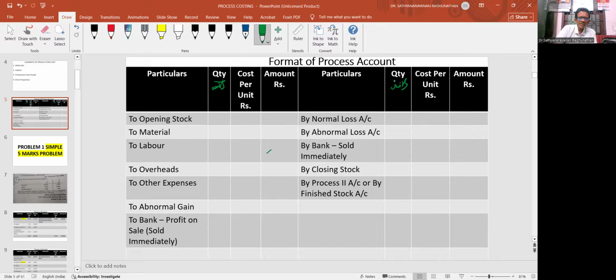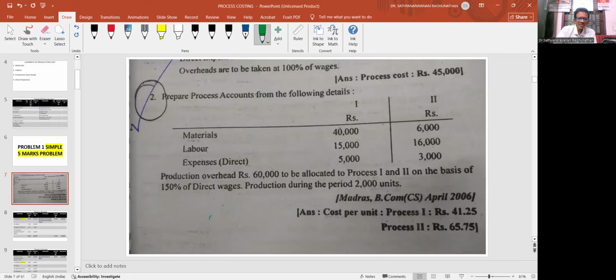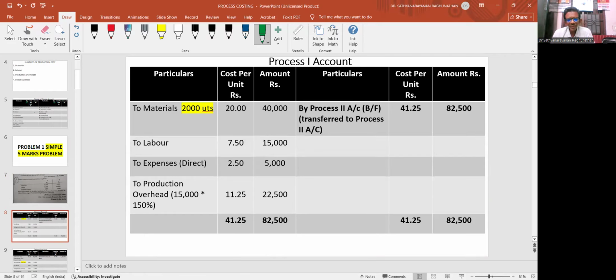Now, the main thing you have to understand is that you have to open 3 columns besides the particulars. For this particular problem, I have opened only 2 columns: the cost per unit column and the amount column, but I have not opened the unit column. The units are put in only one place, relating to the materials.